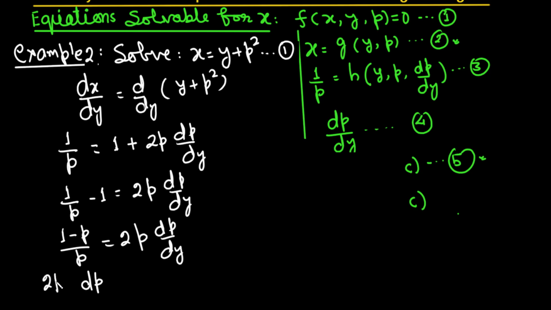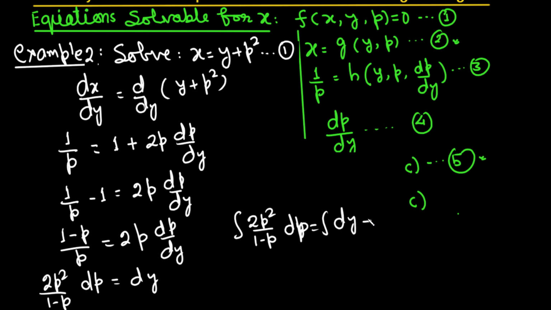So this will be 2p square over (1 minus p) dp, and this one is equal to dy. This is separable form. Okay, so we integrate this, and we have the integration of 2p square over (1 minus p) dp is equal to the integration of dy plus an arbitrary constant.